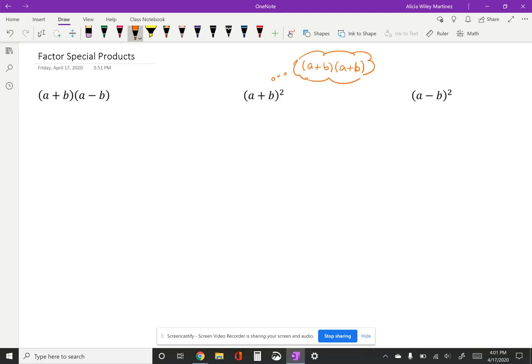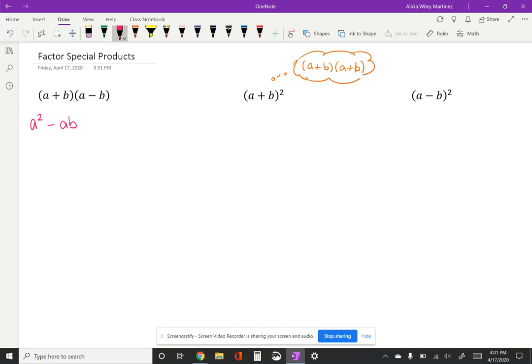Okay, you should have tried each one of these. If you didn't, then follow along. So for the first problem here, multiplying the first terms together, I get A squared, and then multiplying these outside terms together, I get negative AB.